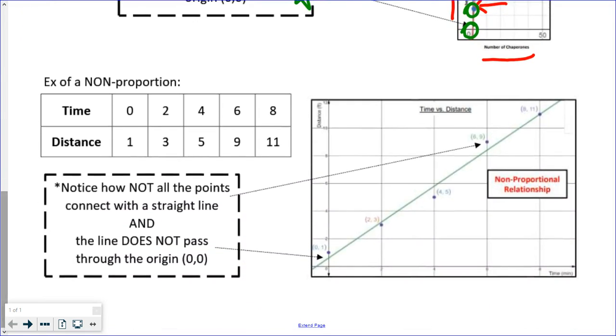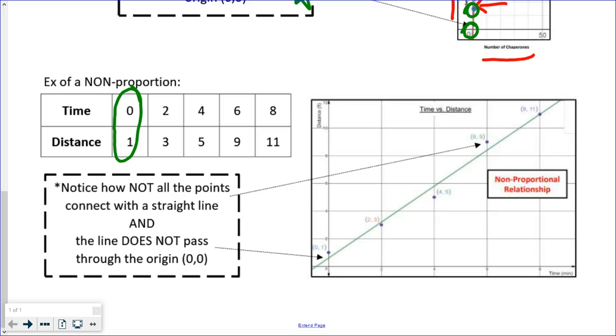All right, here's an example of a non-proportional relationship, and you see that by the box there. Our first hint is when we said it has to pass through the origin. Well, if you take a look at the first thing that we have there, it does not pass through the origin. The reason is when time is 0, our distance is 1.